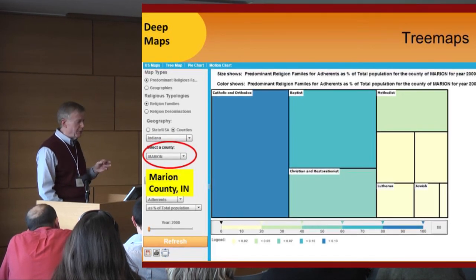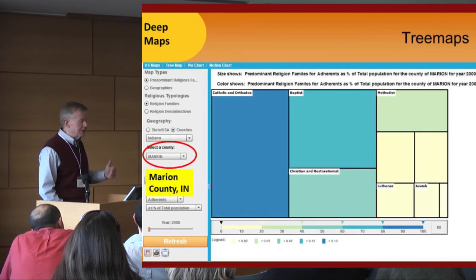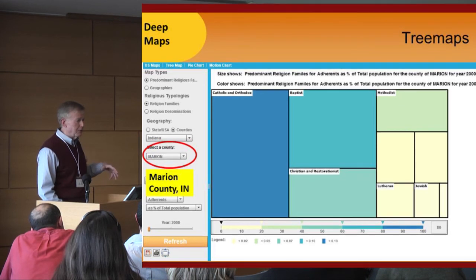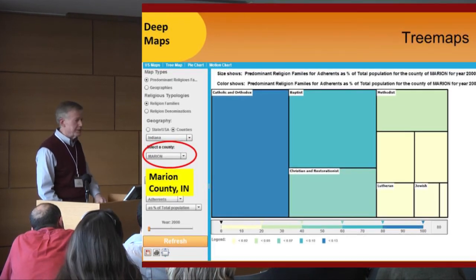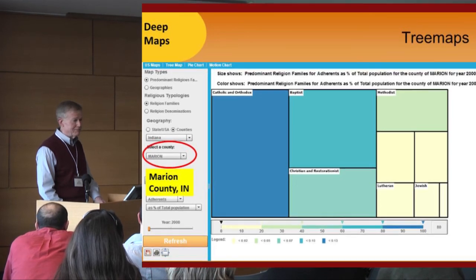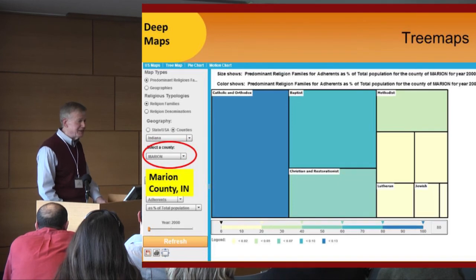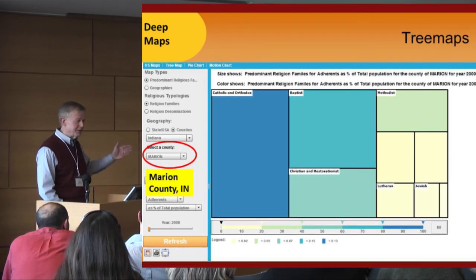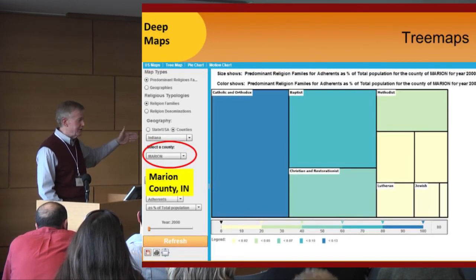And just to give you an example of why this matters, in Marion County, Indiana, where my institution is, there are over 100 different denominations. Catholic is the most dominant, but it's only 18% of the population, or the adhering population. So if you look at this choropleth map, you see that Marion County is a dominant Catholic county.